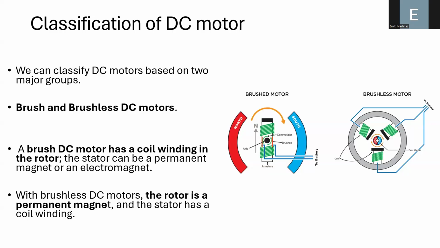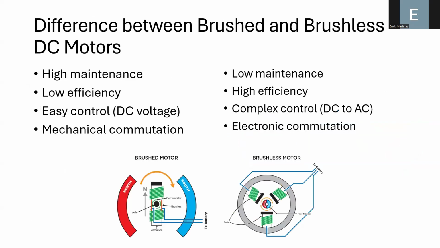And also, instead of using windings in the rotor, we are using a permanent magnet, okay? And the main advantage of this architecture of the brushless motor is that it is more efficient compared to the brush motor, okay?